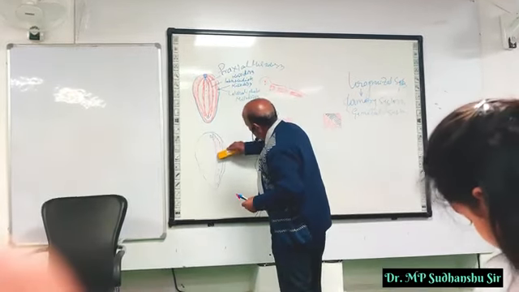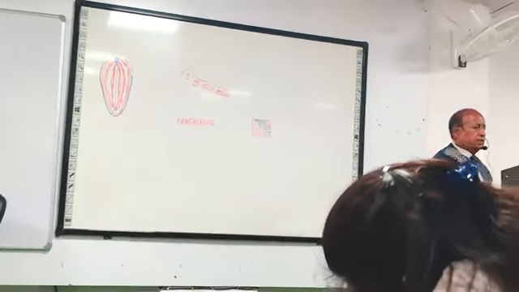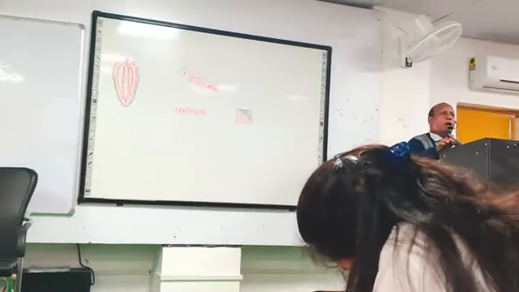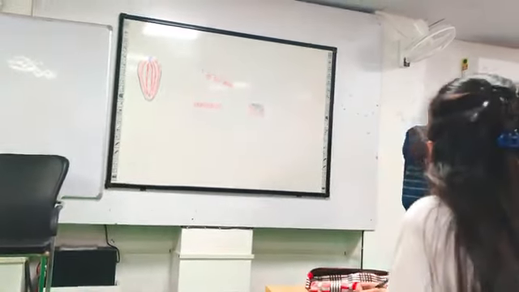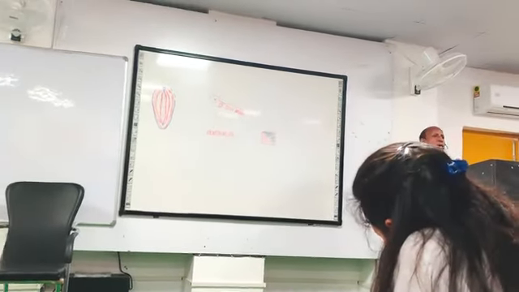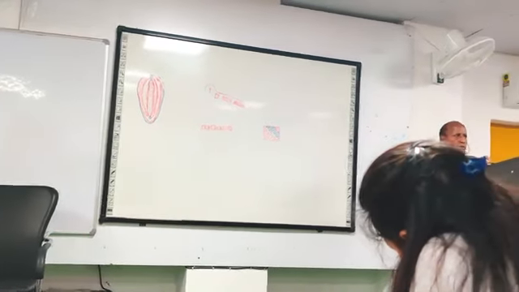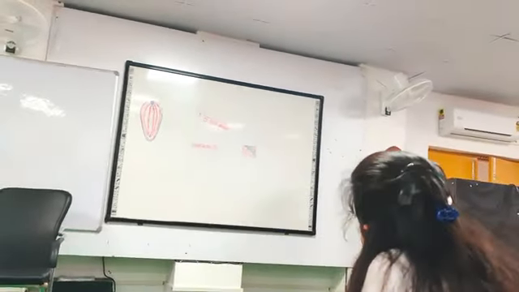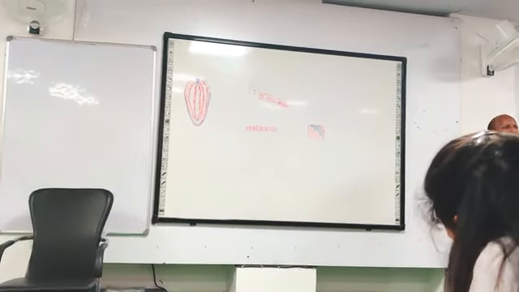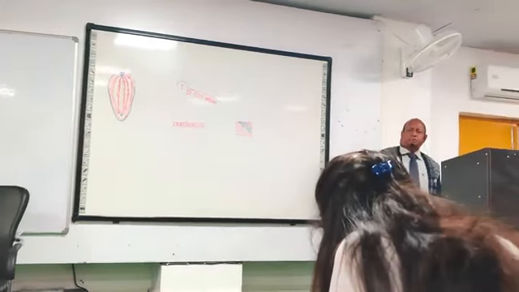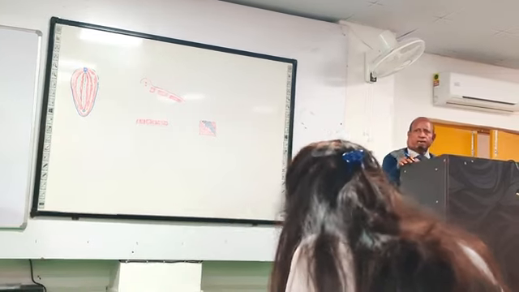Now, in the last class, we saw that the proliferation of the primitive streak develops from the ectodermal layer in the caudal part of the embryo. The embryo has two parts, the cranial part and the caudal part. I am just repeating the last part to show how the secondary mesoderm develops.